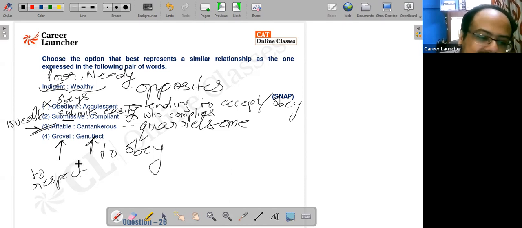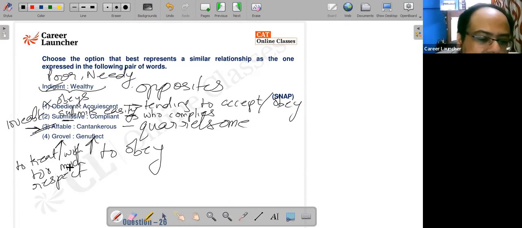Grovel means to treat with too much respect. Genuflect is to obey. Both these words have other meanings also, but if I consider these meanings, these words are similar.